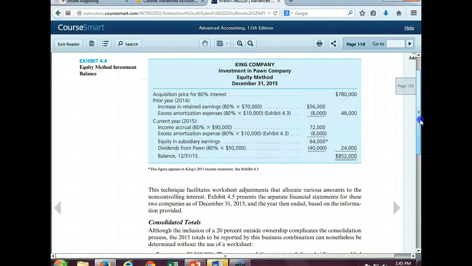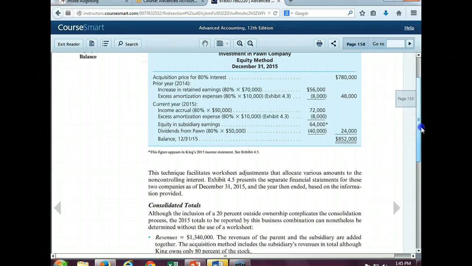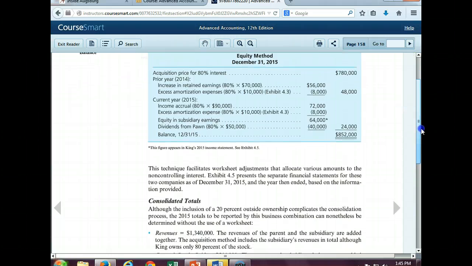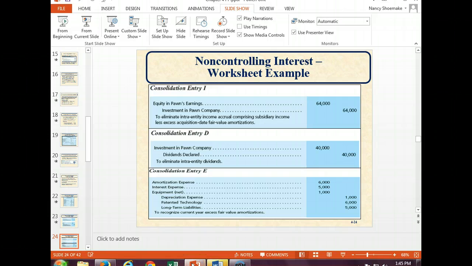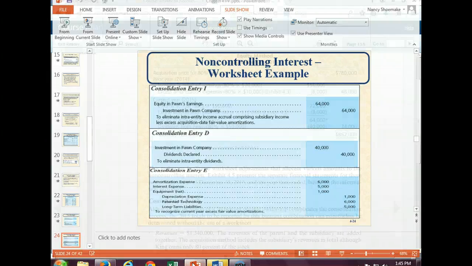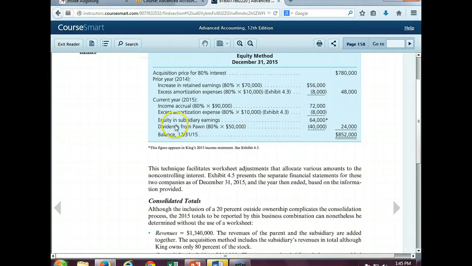Let's see here. The 48,000 here, let me look here. Oh, 64,000. Okay, you see this equity in subsidiary earnings of 64,000 here?